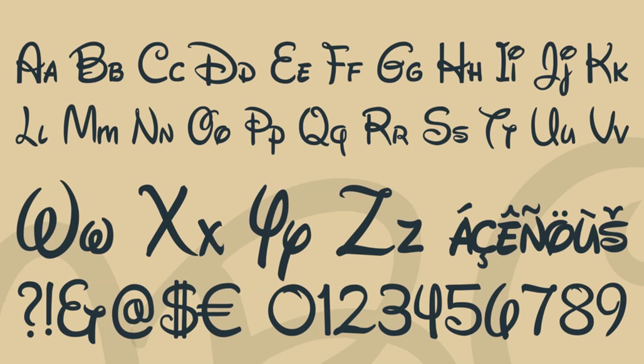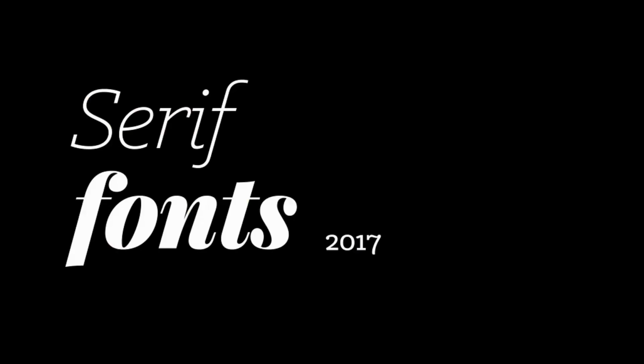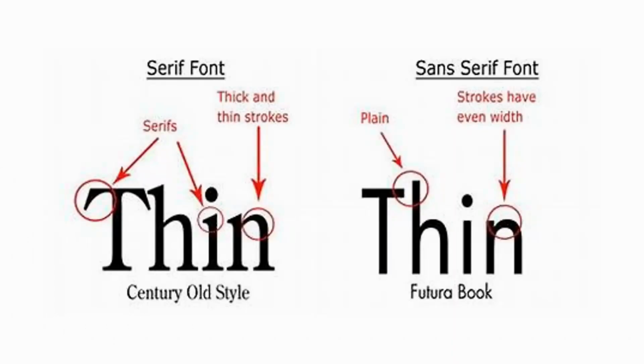Fonts can be broken down into two distinct categories. Serif fonts is the first one. Now, what is a serif is the question everybody's asking. Well, when you have written out text, printed text, you see the little hooky things on the end of the T's, on the end of the I's.